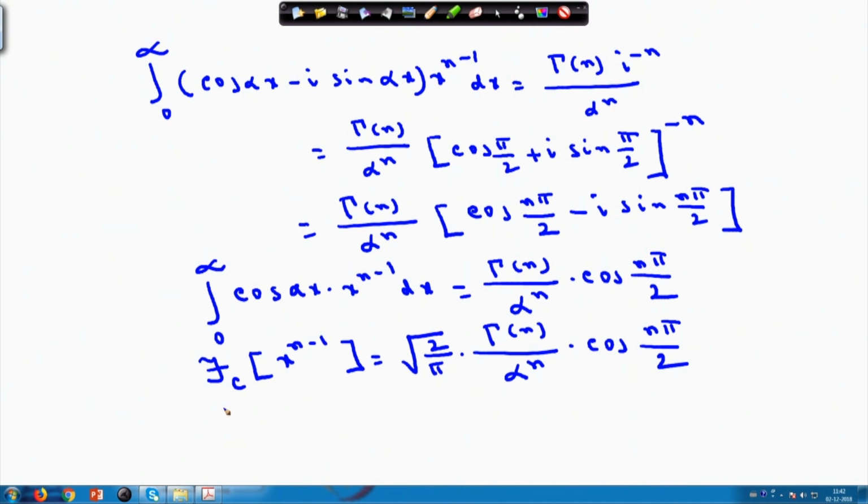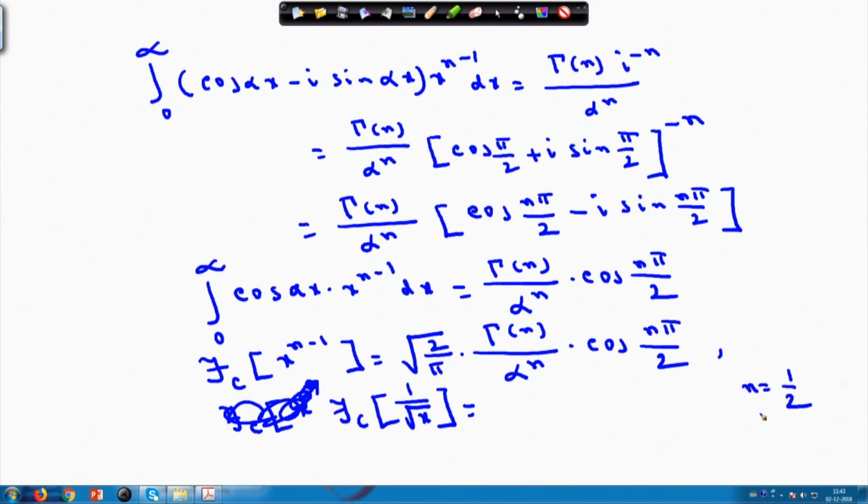So from here you see the Fourier cosine transform of x to the power minus half, or in other words, let us not write it like this, the Fourier cosine transform of 1 by root x I am writing. So here basically you have to substitute n equals half, nothing else. You will put n equals half in this particular given equation.